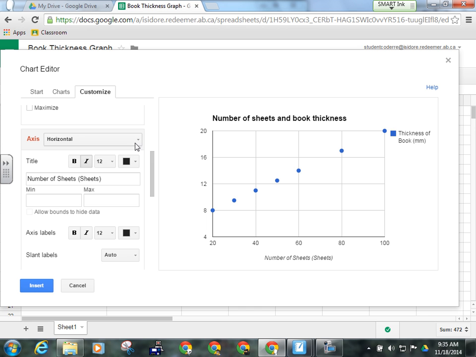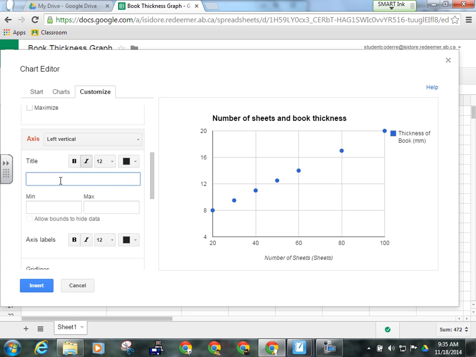We want to do the same thing for the y-axis, which they call left vertical. So you click on that little triangle there, go to left vertical, and do the same thing, except this is going to be book thickness. And that was in millimeters. Click anywhere else, and it puts it on there.